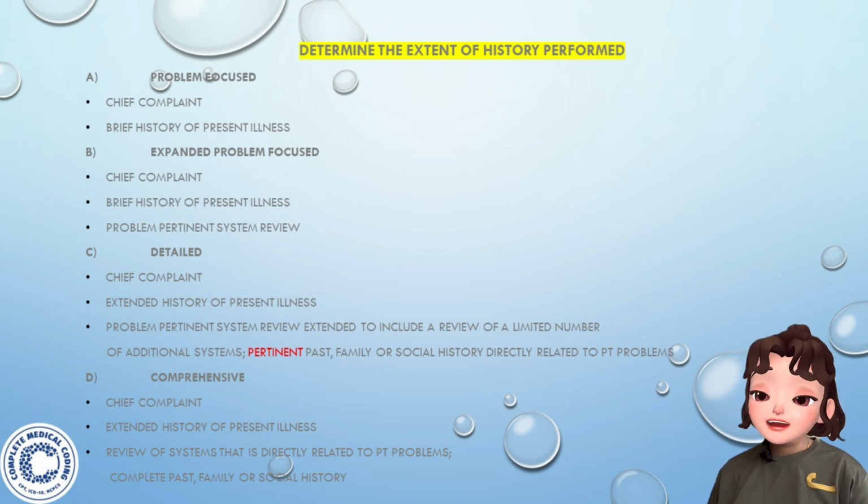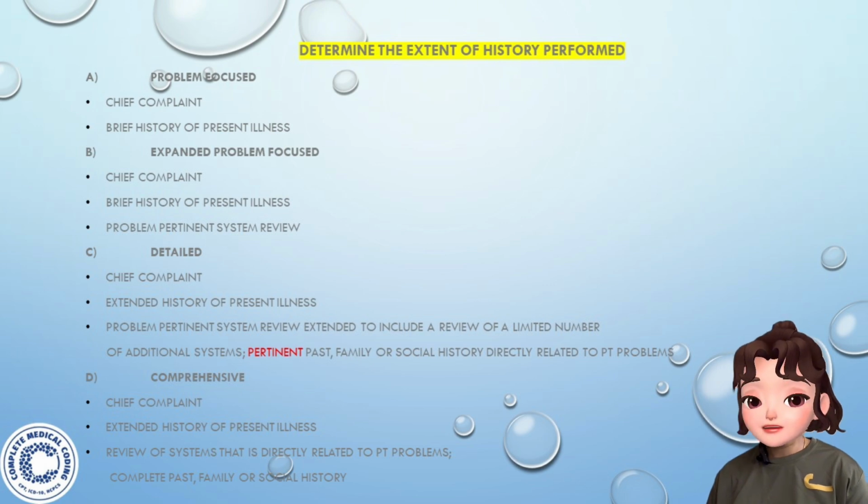Third one, detailed. Chief complaint, extended history of present illness, and problem pertinent system review extended to include a review of a limited number of additional systems, like pertinent past, family or social history directly related to the patient's problems. Pertinent past history, not complete, but a brief past, family or social history.